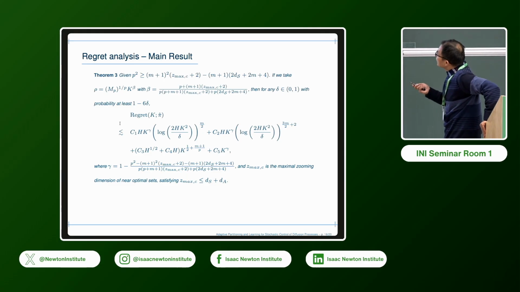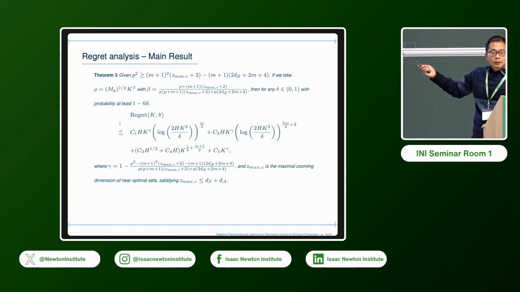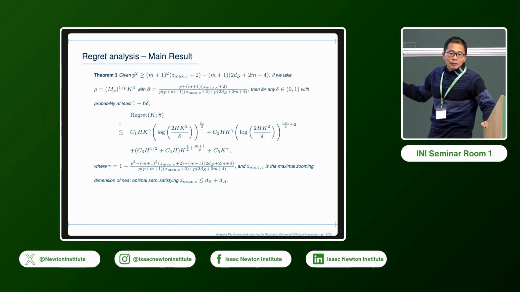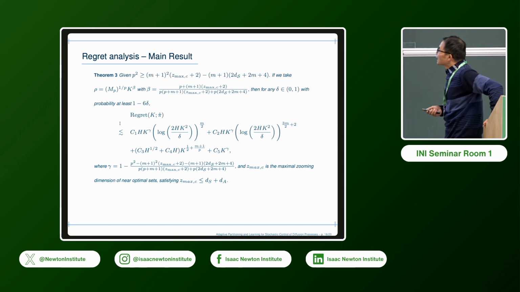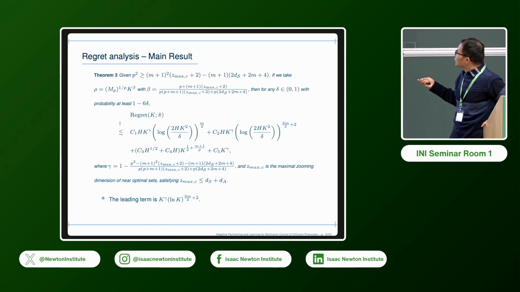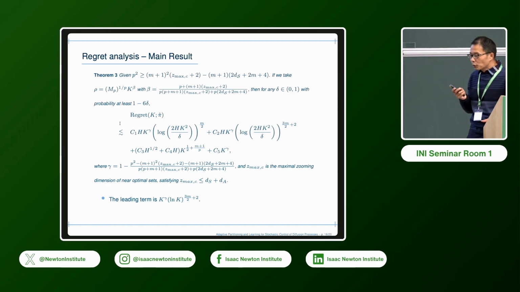So the leading order is k to the power gamma plus times log k to some power. This gamma is this one. It's not that interesting to look into the details. Sorry, I forgot to mention this Z max C. Z max C is the so-called zooming dimension, a property of the near optimal set.